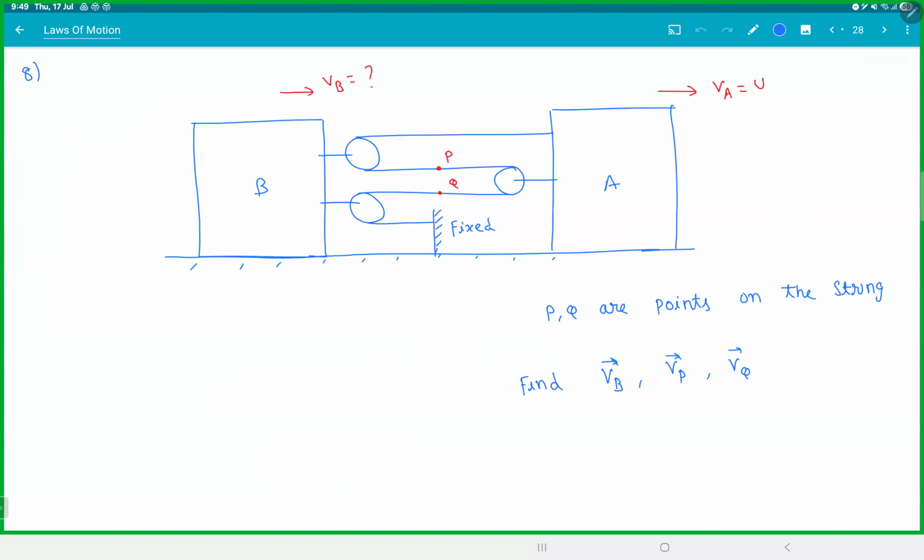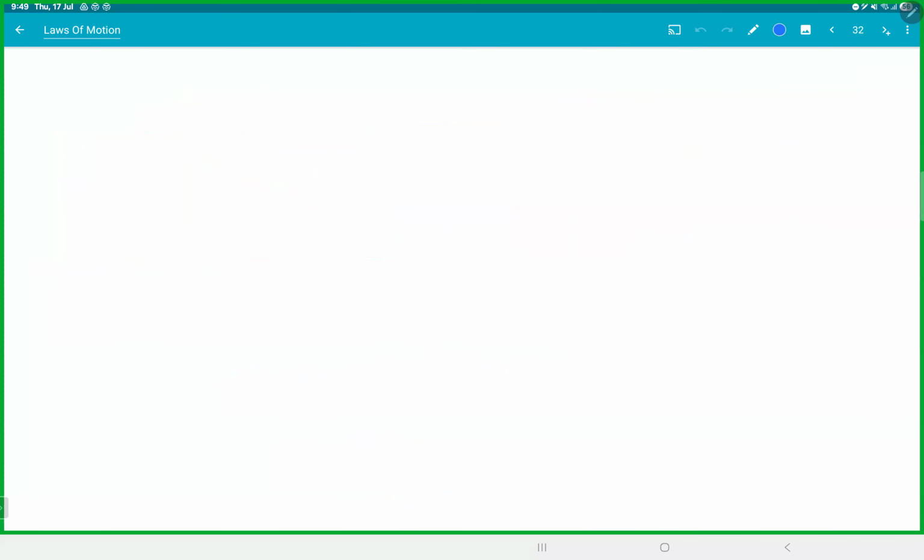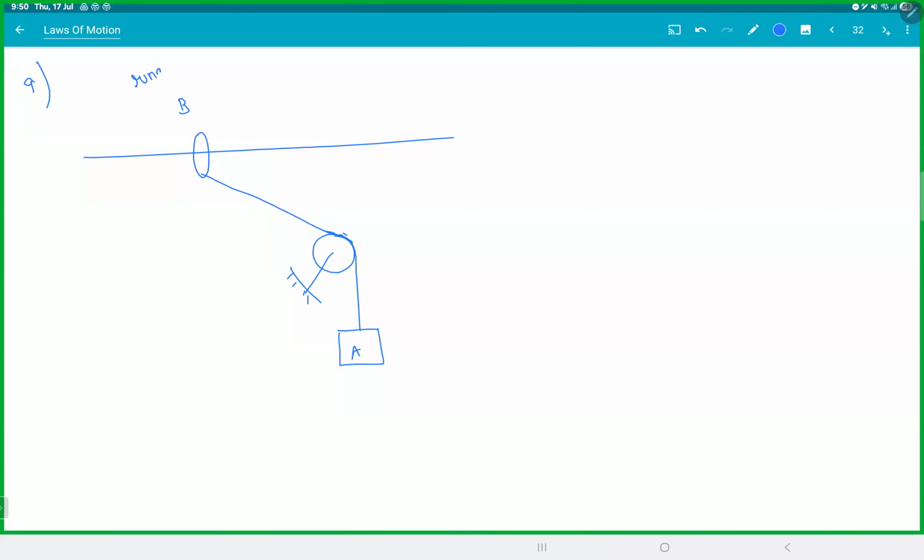Let's see one more. Let's go a little higher. If it's an advanced question, this is how they'll frame it. So we have a ring here. We have a pulley here. This is A. This is the ring.